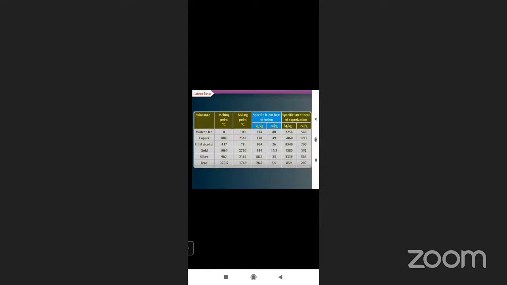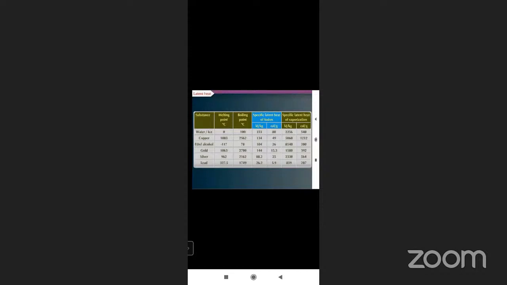Then specific latent heat of fusion, it is 134 kilojoule per kilogram, 49 calorie per gram for the copper. And specific latent heat of vaporization is 5060 kilojoule per kilogram and 1212 calorie per gram. So this is for the second substance, that is copper.